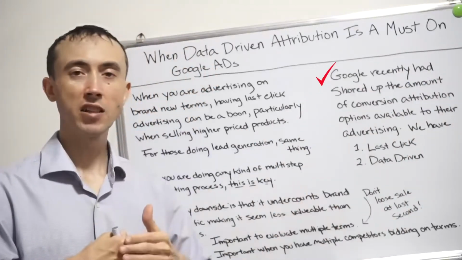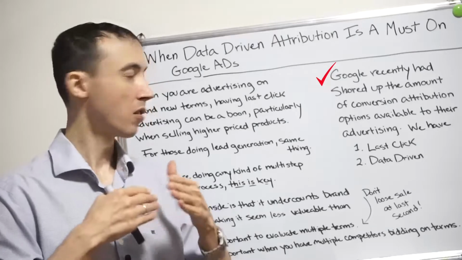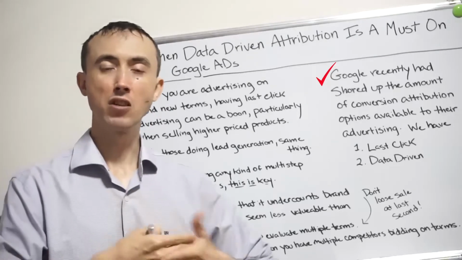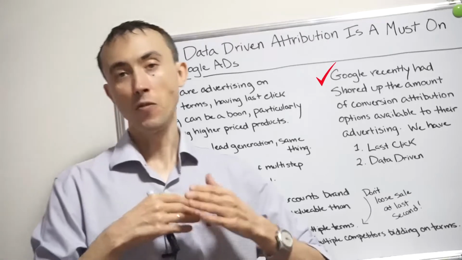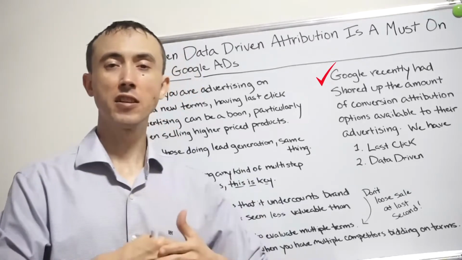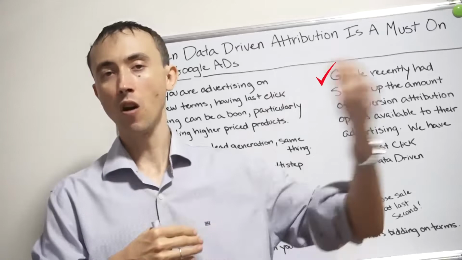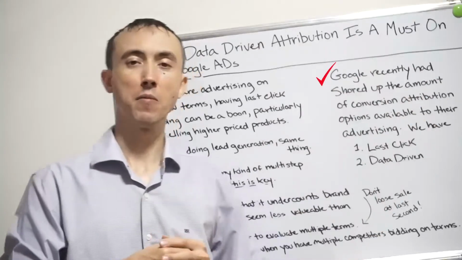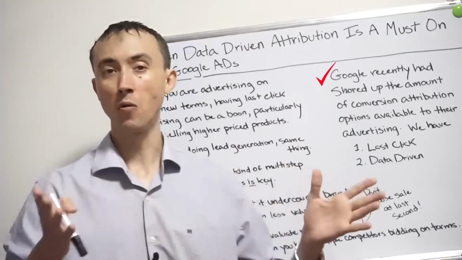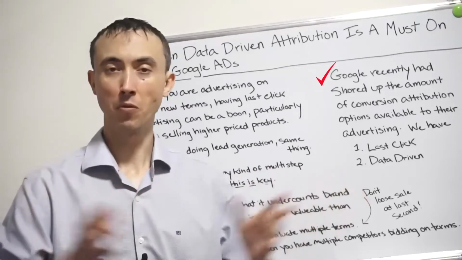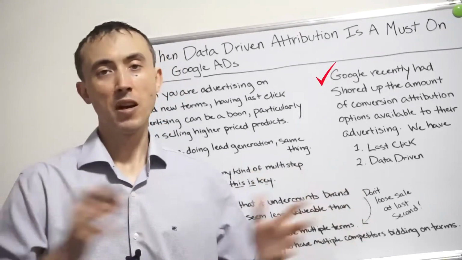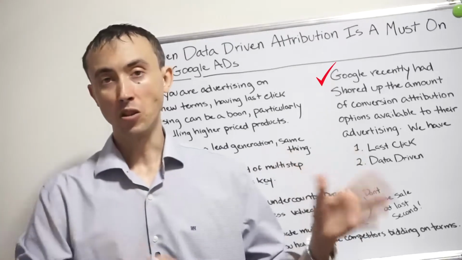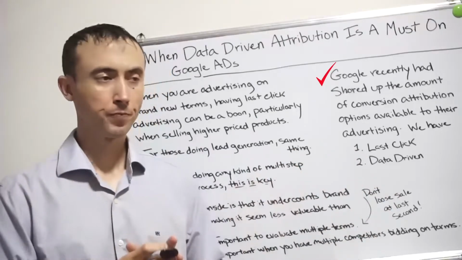If you choose last click attribution for that particular conversion, which, if you choose the last click attribution for one goal, all of the goals should have it. It's either all or none based upon what I've found, just to keep it simple for you trying to decide how this is set up. And I can't think of a reason why you would want to do some with one, some with another.